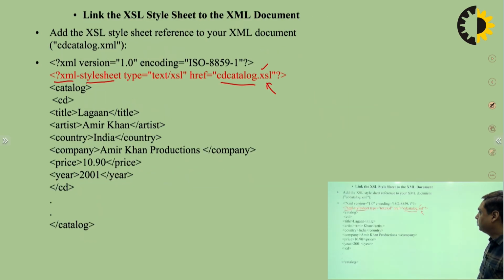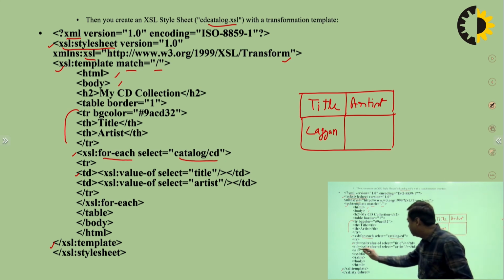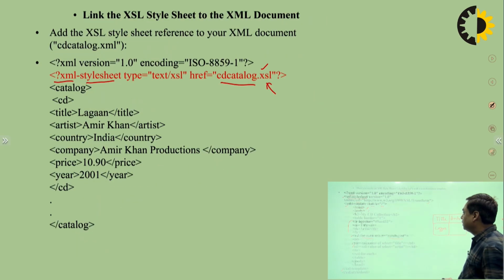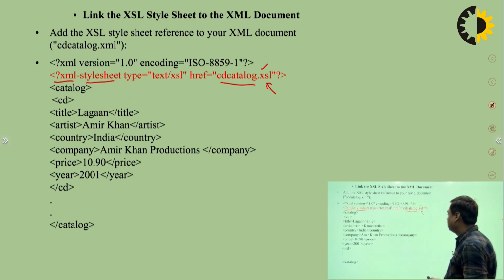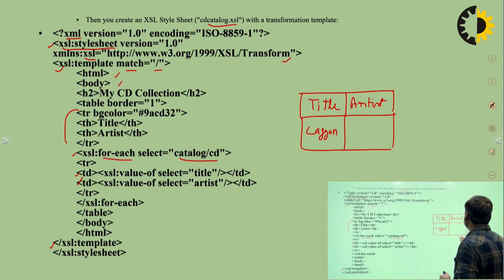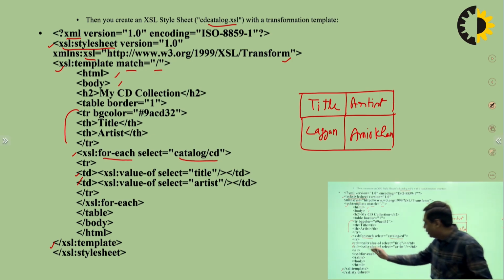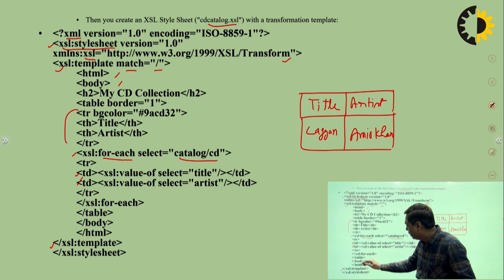Lagan has been displayed. Then second, again we are taking the value of artist. So in the artist, the name is Amir Khan. So we are taking Amir Khan. This is the first CD, end of the for loop, end of the table.